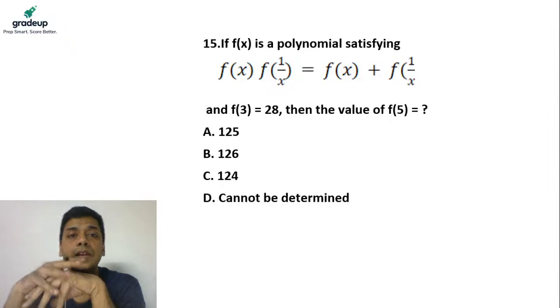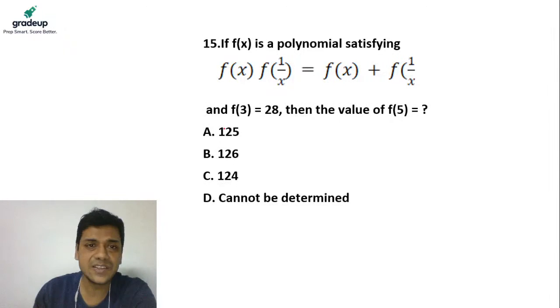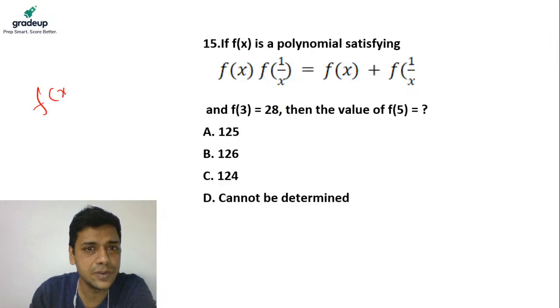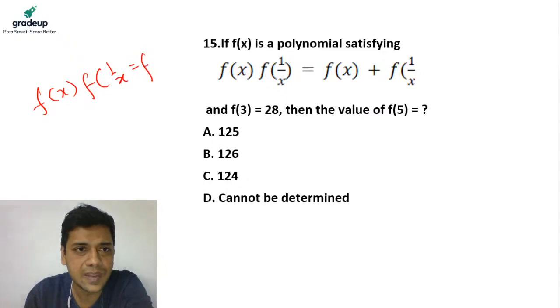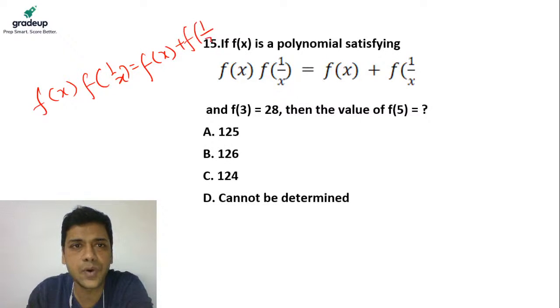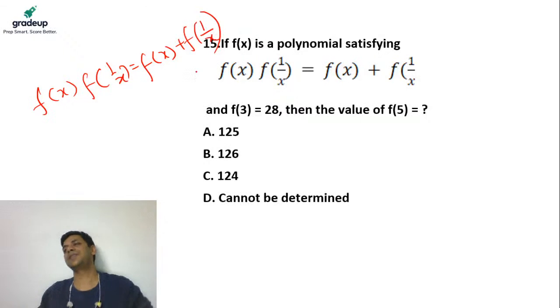Move to the next one. f(x) into f(1 minus x) equals f(x) plus f(1 upon x). When is it possible?